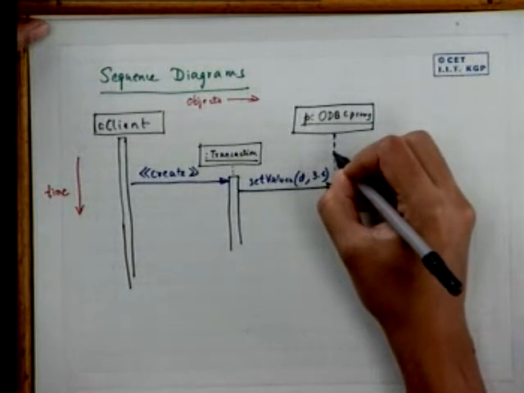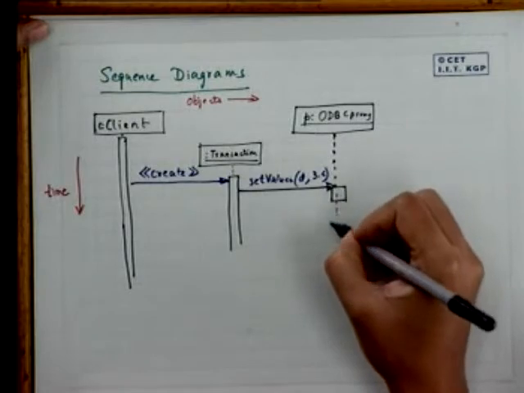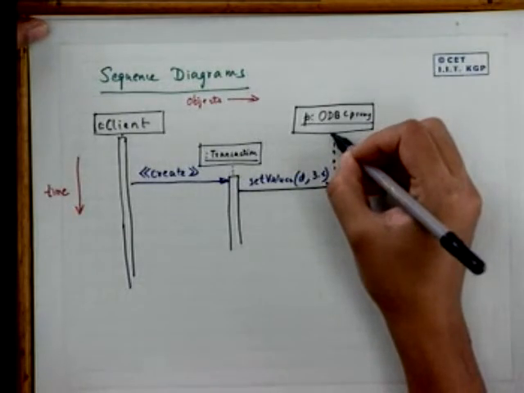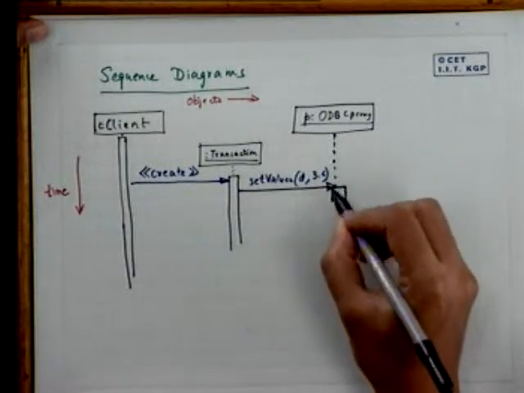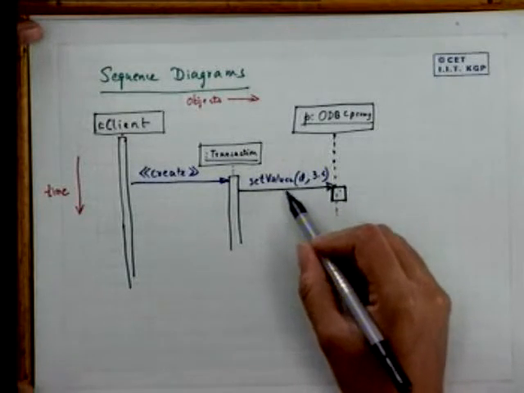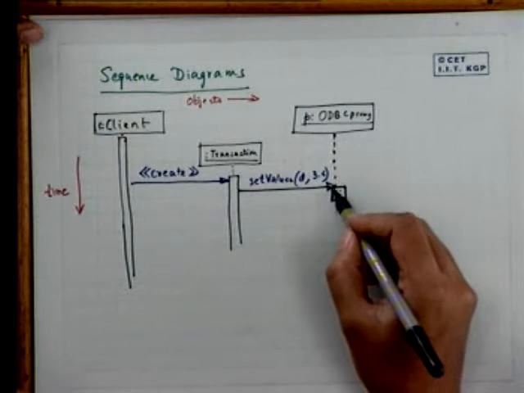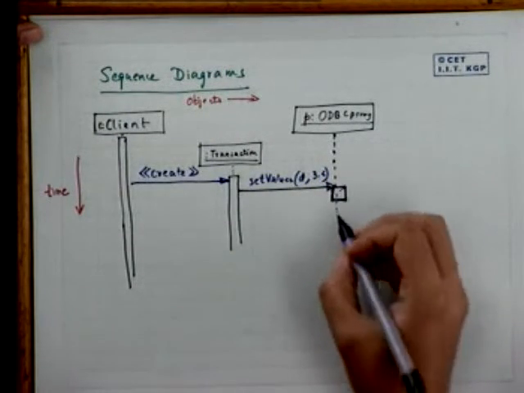Now this denotes the lifeline of the system, the time from which this object is alive, the object comes into being. And we denote by rectangles those times which are of interest to us, when some important activity is going on. So this ODBC proxy does some computation after receiving this message, and this particular time we are representing by this rectangle.